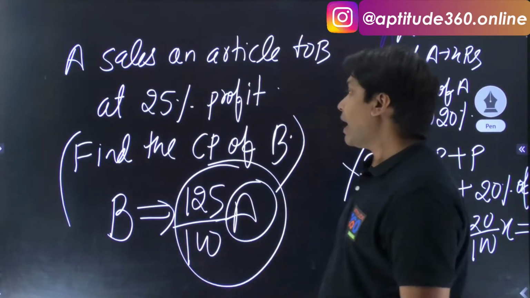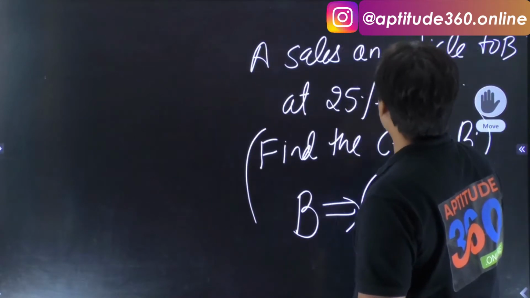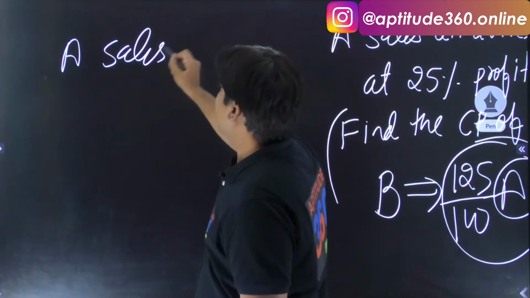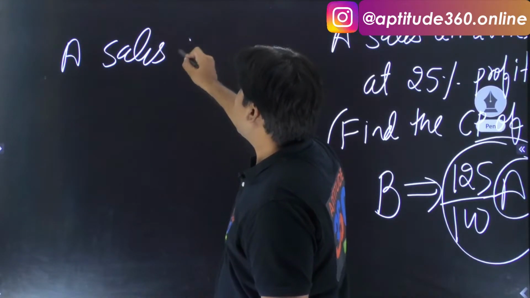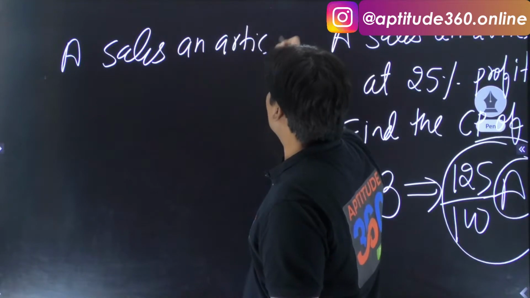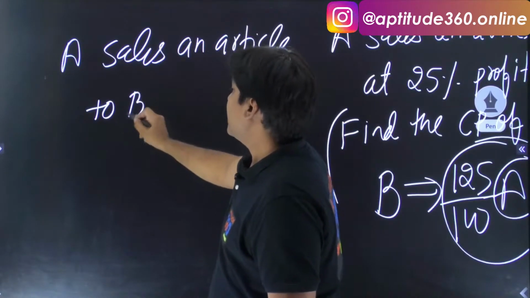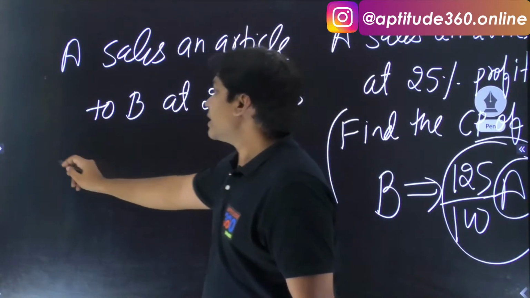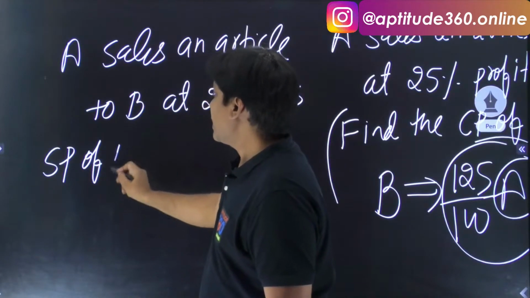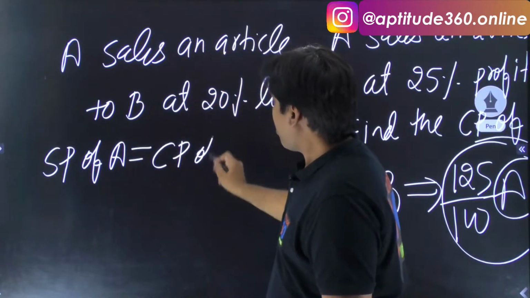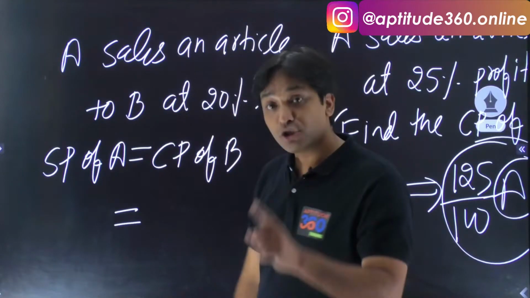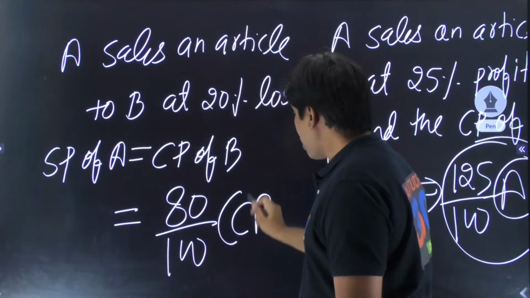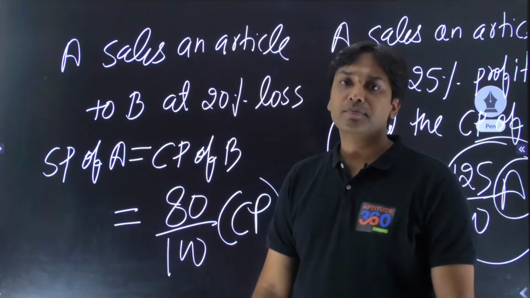Is that okay? Now, if I say that A sells an article, an item, to B at 20% loss, then I would say that the selling price of A, or cost price of B, both of these values are going to be 80 divided by 100 of the cost price of A. As simple as that.